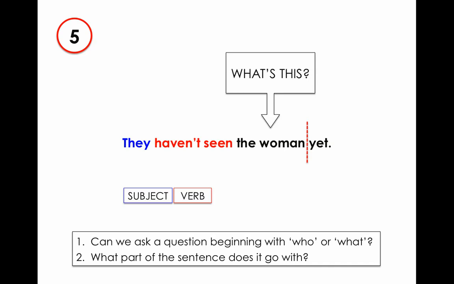The woman. Well, hang on, what isn't right for this? The woman isn't an object, it's a person, so we should ask, who haven't they seen? So we can ask a question beginning with who that gives us the woman as the answer. So the woman is the object. Well, hang on, I said a second ago that the woman isn't an object.